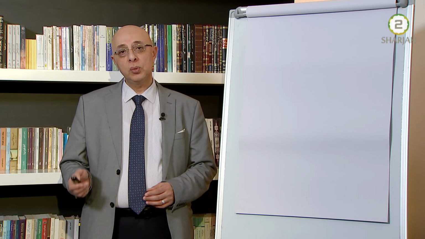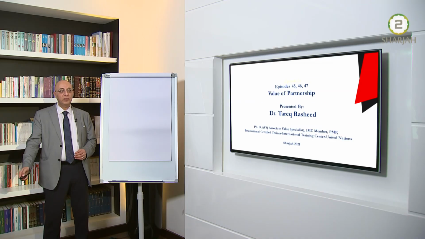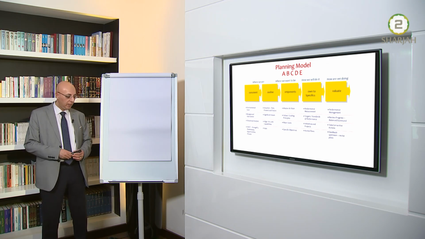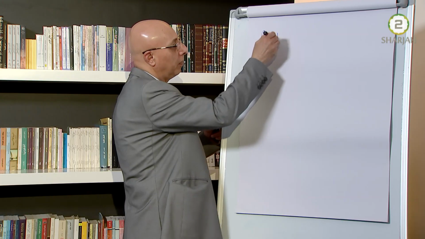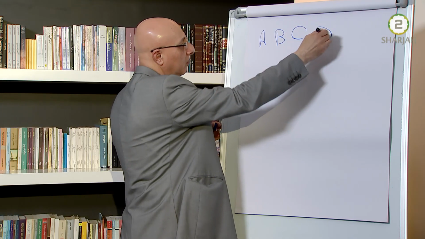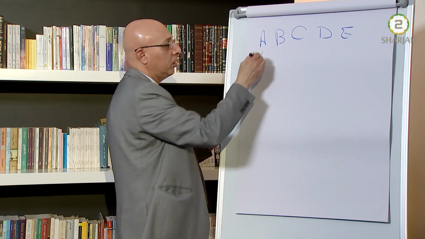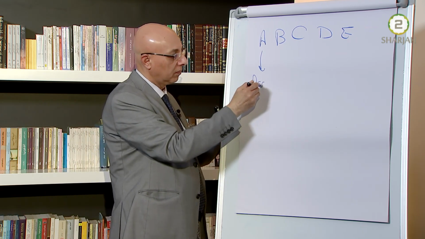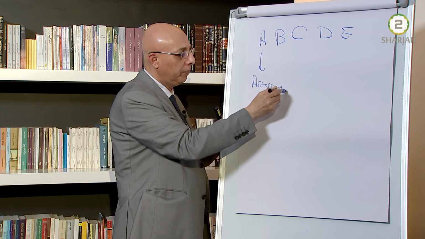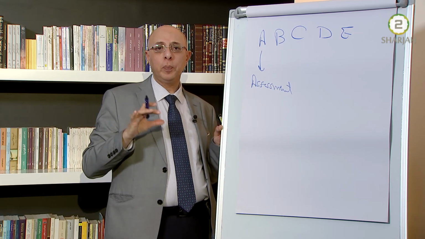So let me introduce the model of ABCDE. ABCDE is the model we apply for partnership and for planning for partnership. First, the A is the assessment. Assessment is a very important phase in planning for partnership.